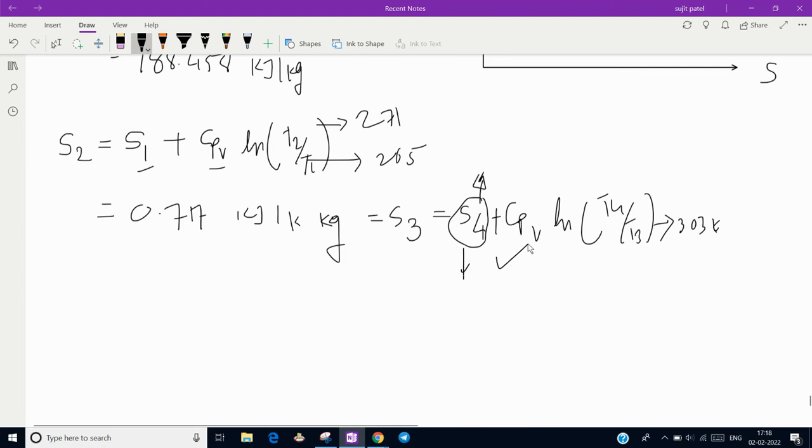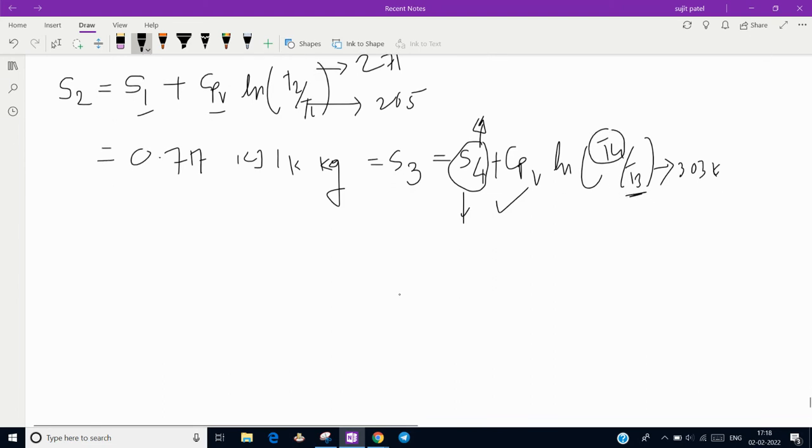Cp of vapor is 0.733, we know T3, and only T4 is unknown. So we get the temperature T4, which is 316.40 Kelvin. Please keep units in Kelvin.